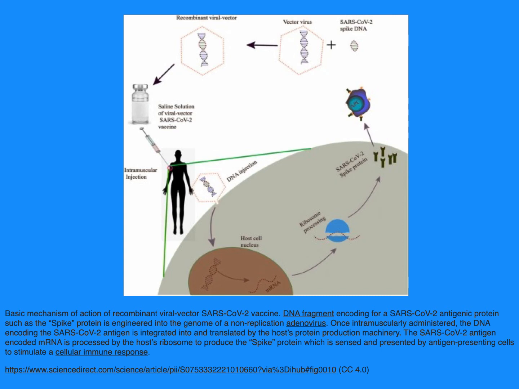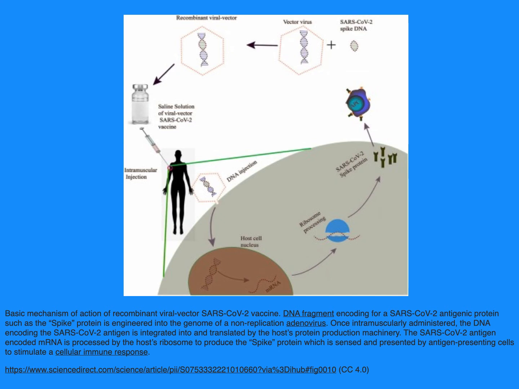Basic mechanism of action of recombinant viral vector SARS-CoV-2 vaccine. A DNA fragment encoding for a SARS-CoV-2 antigenic protein, such as the spike protein, is engineered into the genome of a non-replicating adenovirus.